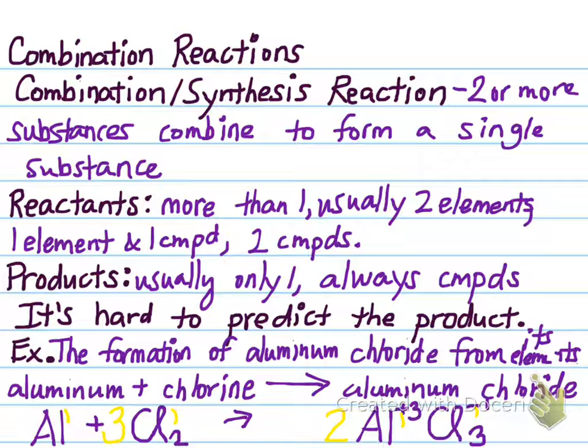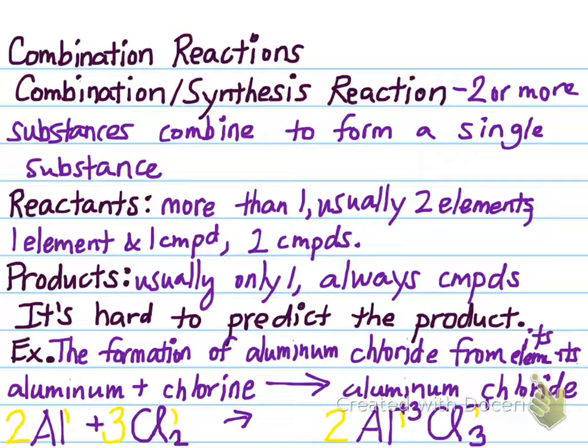So now I have 6 chlorines and 6 chlorines, but now I have 2 aluminums. So I need a coefficient of 2 in front of aluminum. I think it's balanced. I'm going to double check. 2 aluminums on the left, 2 aluminums on the right. 3 times 2, 6 chlorines on the left. 2 times 3, 6 chlorines on the right. So this is correctly balanced.